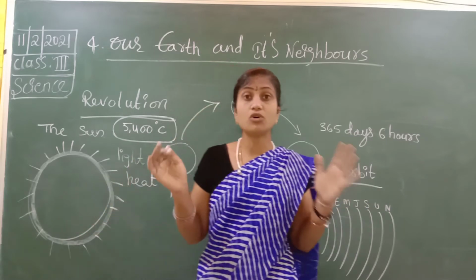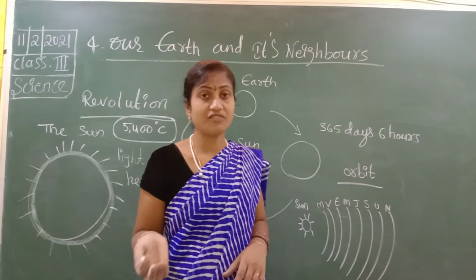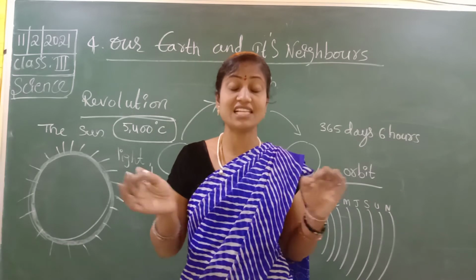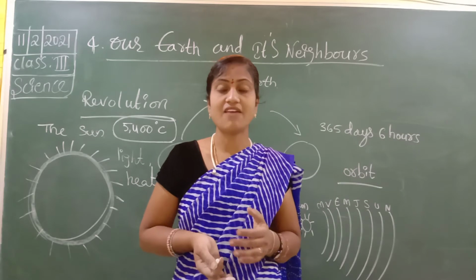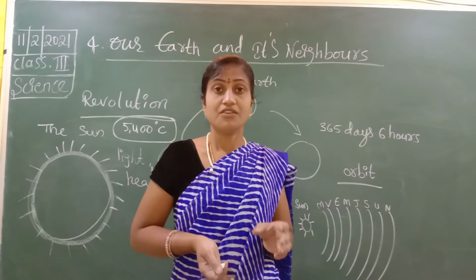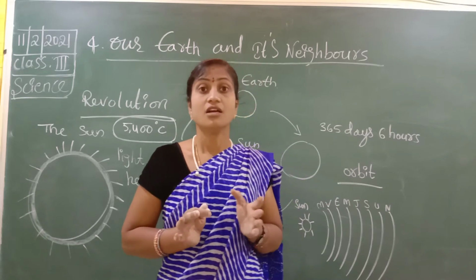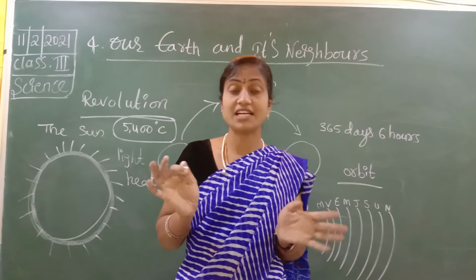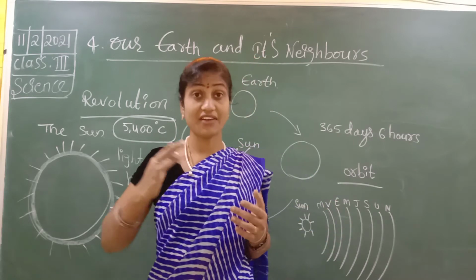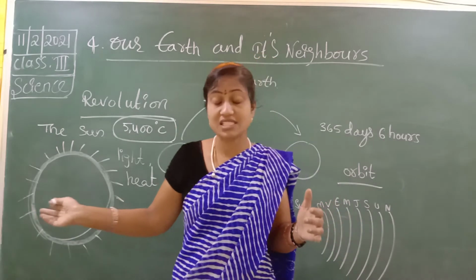In summer we get 45 to 50 degrees at most, and at 50 degrees we feel very hot. Outside workers can sometimes even die. That is the heaviest temperature on the sun.